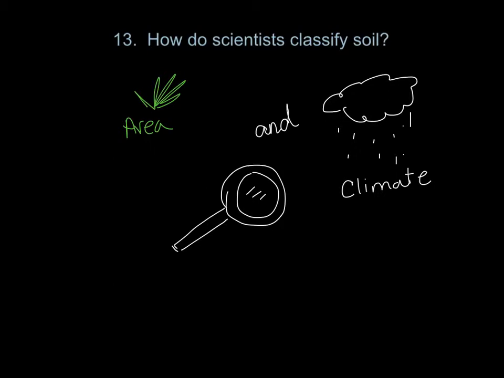I'm going to say area plants, so the type of common plants in the area. So area plants or common plants, climate, and composition. Like what type of minerals are in the area, what type of rocks are in the area. That's a mineral and type of rocks. And that's all for our doodle notes.